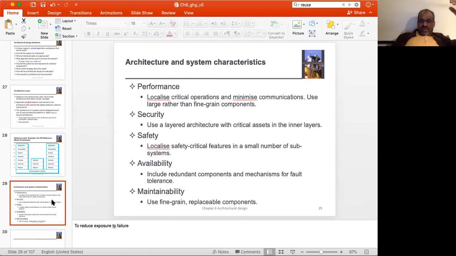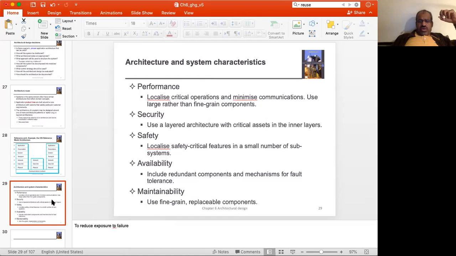So it would be better from the availability point of view to have redundant components and some distribution so that the system can still gracefully degrade, if you remember that term from the beginning of the course. You want your systems to degrade gracefully, i.e. if one component fails, the failure does not propagate to the rest of the system so as to shut it completely down.